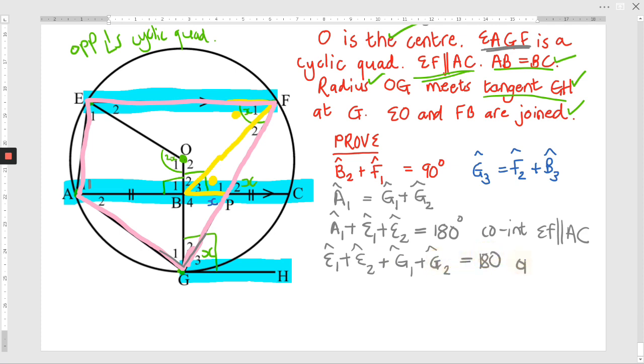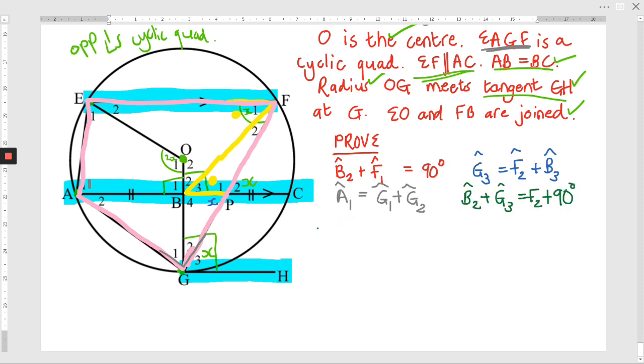And that is opposite angles of a cyclic quad. And now it becomes clear why the question gave that to me to begin with. So now I've got A plus that thing equals 180, then that thing plus G1 plus G2, therefore A1 must be the same as the other thing that got added to get 180.